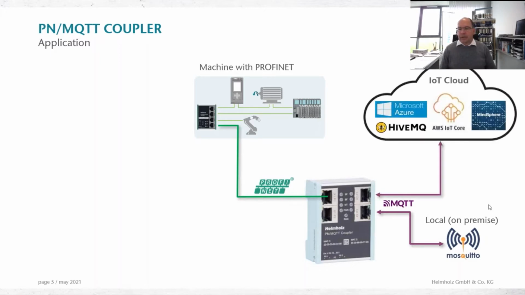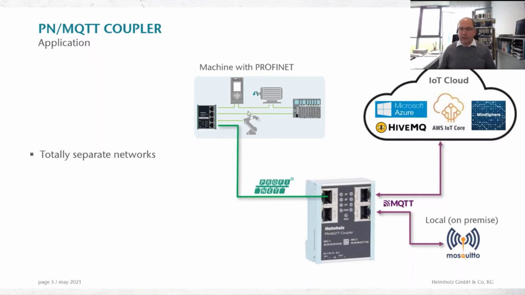You can directly connect the MQTT coupler to the cloud. So you can connect this over a router, over a gateway to the internet, and then directly set up a connection to different cloud applications. Those networks are totally separate.